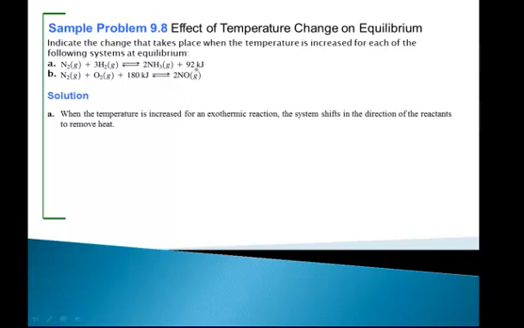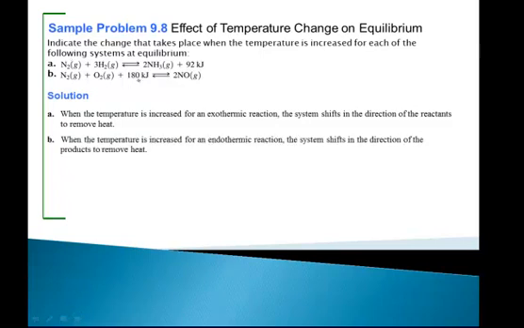So for the first one, since it's exothermic, if it's shifting away from the heat, that means it's going to shift toward the reactants. And on the second one, since this one is endothermic and the heat is on the left side, that means it's going to shift toward the products in that way to get rid of the heat. And that is the end of the worked examples in Chapter 9.